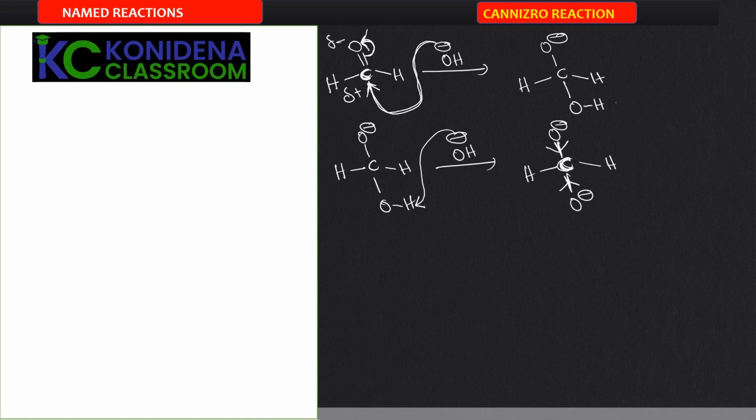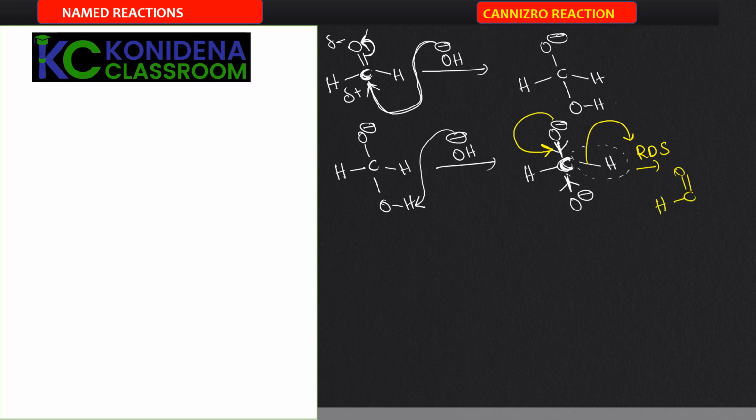As a result, the hydrogen attached to the carbon is lost as an H minus ion. This O minus comes here and the H minus is transferred. This is the rate determining step.